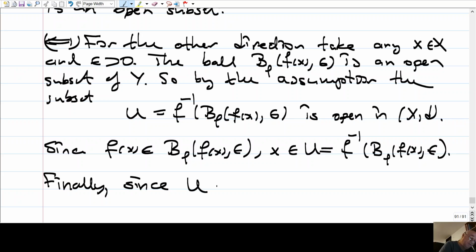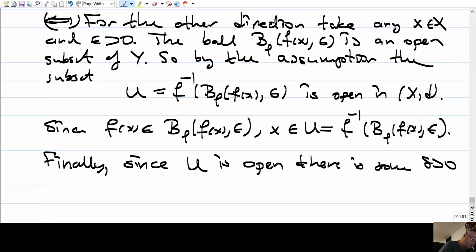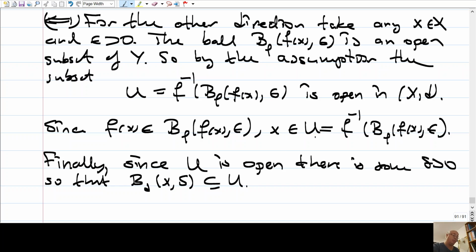since U is open, there is some delta positive, right? Some radius so that the delta ball lies in U, right? Whenever I take a point in an open set, I can find some radius so that the ball with that radius around x lies in that open set.